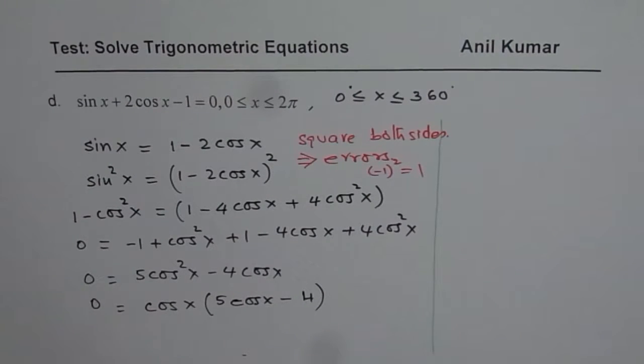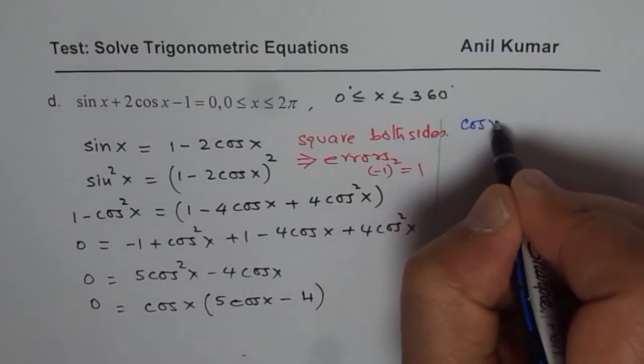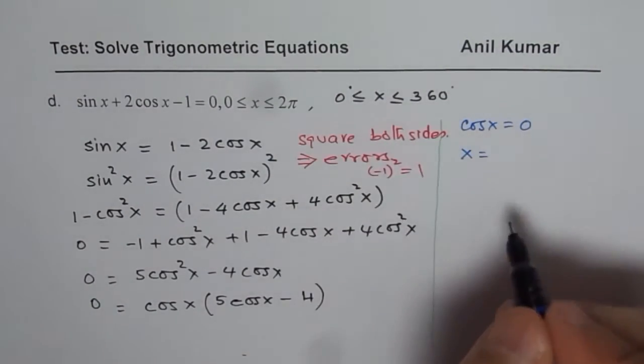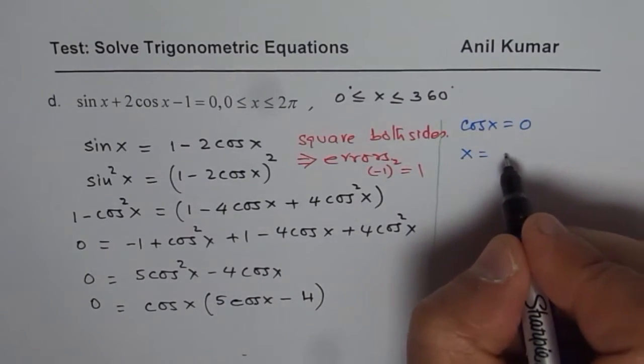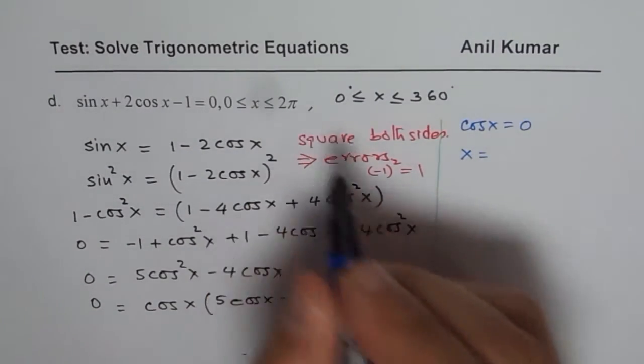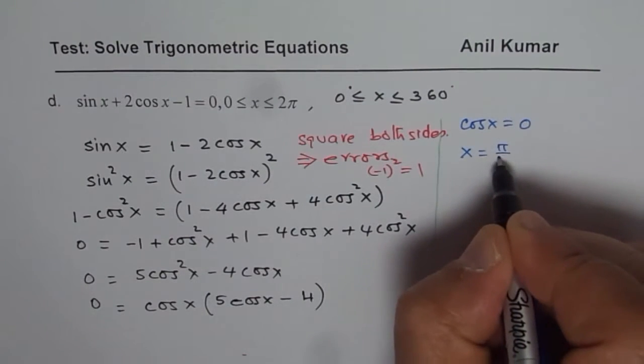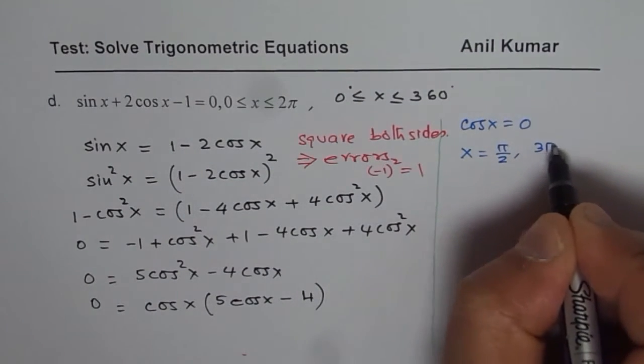So let us find solutions for this equation. One is, when is cos x 0? So we have cos x equals 0. Within this domain of 0 to 360 degrees, or 0 to 2 pi, let's write it for 0 to 2 pi, it is pi by 2 and 3 pi by 2, right?